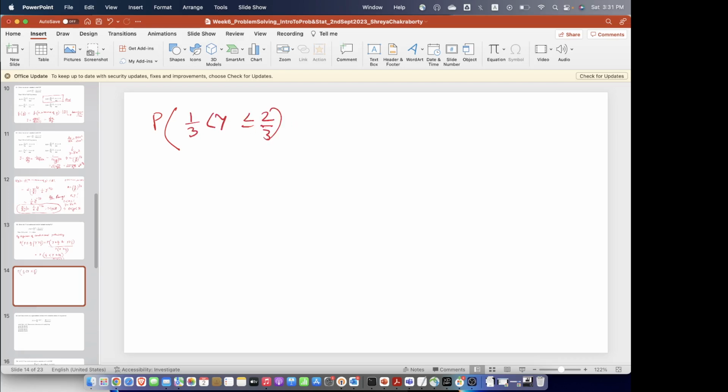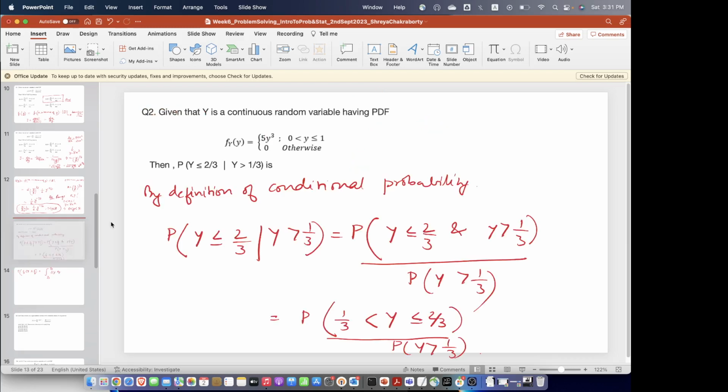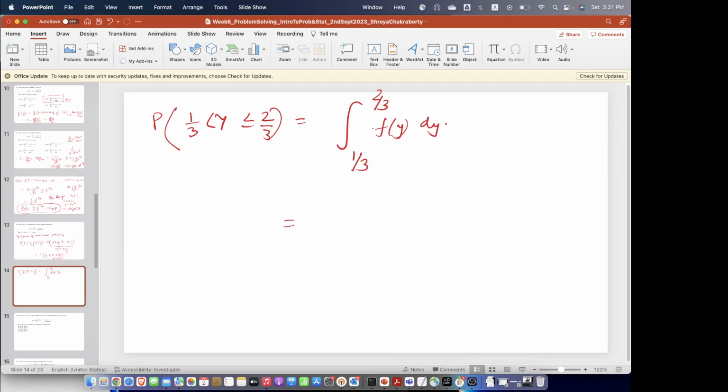Since this is a continuous random variable, we don't need to bother much. It will be the integral from 1 by 3 to 2 by 3 of f(y) dy. What was f(y)? f(y) was 5y cube. So here we would have the integral from 1 by 3 to 2 by 3 of 5y cube dy.